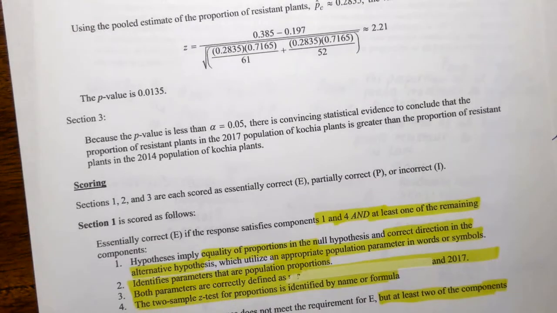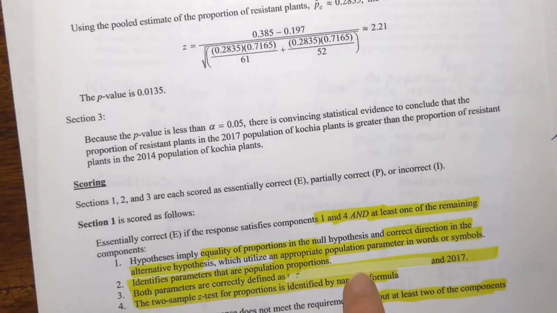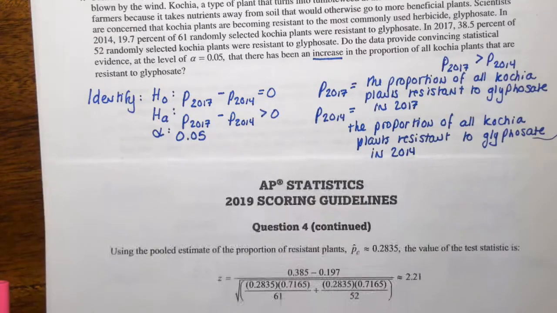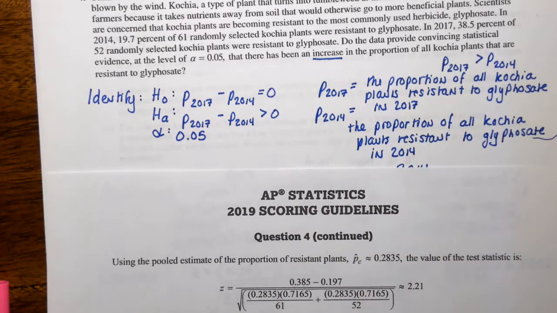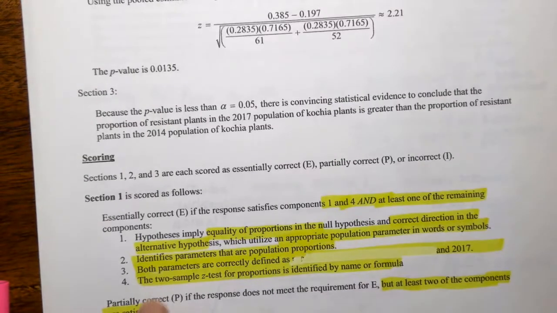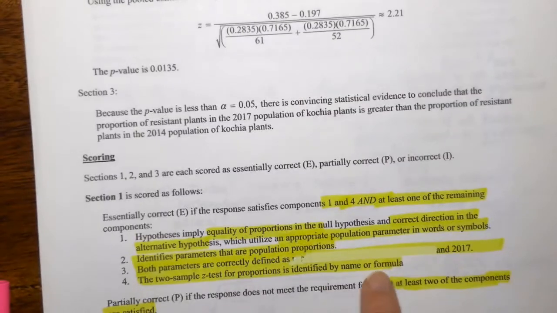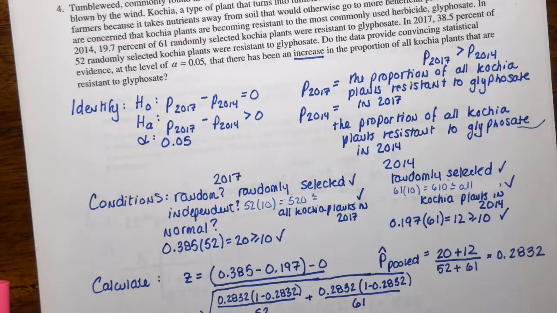It says both parameters are clearly defined as population proportions in 2014 and 2017. So I did both of those in one over here. And then a 2-sample z-test for proportions is identified by name or by formula. So that is this here.